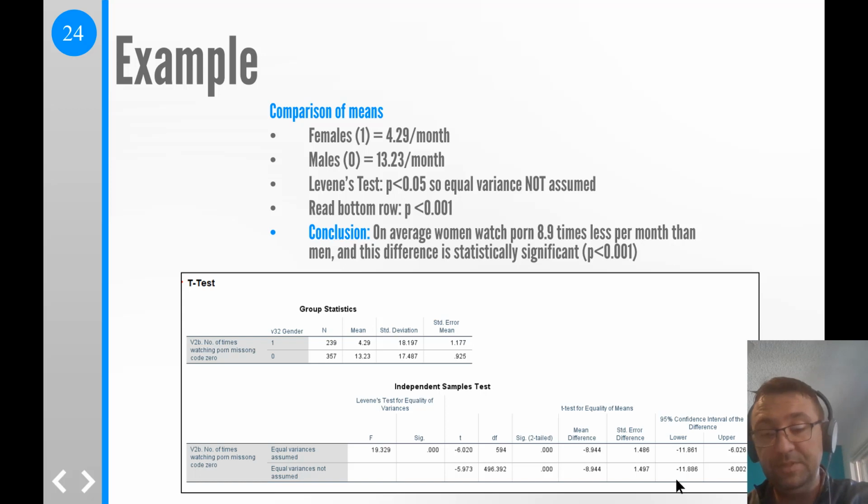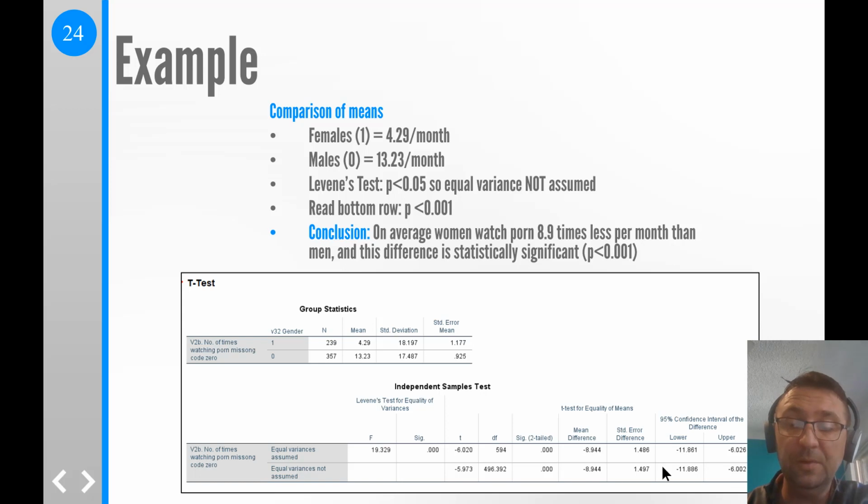roughly speaking, assuming that all the other things we've violated don't matter, then the 95% confidence interval for the difference between men and women, for the true population parameter, is somewhere between minus 11.9 and minus 6.